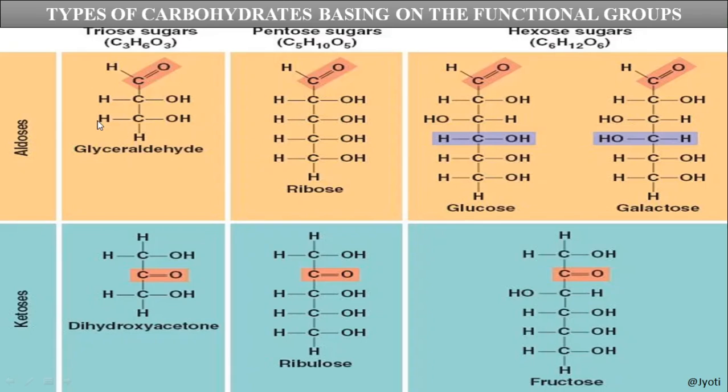So this group of carbohydrates which have the aldehyde as the functional group are known as aldoses. The examples are glyceraldehyde, ribose, glucose, galactose. Similarly, now come to ketose. Ketose means those sugars which have the ketone group, that is the C double bond O group, as the functional group.